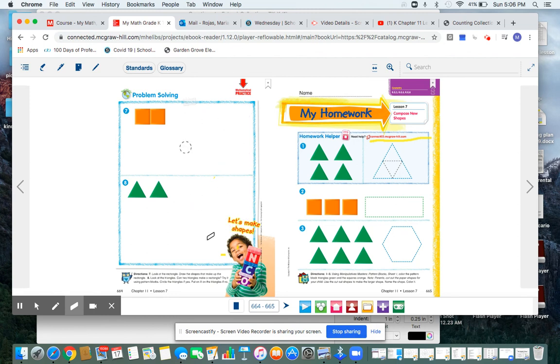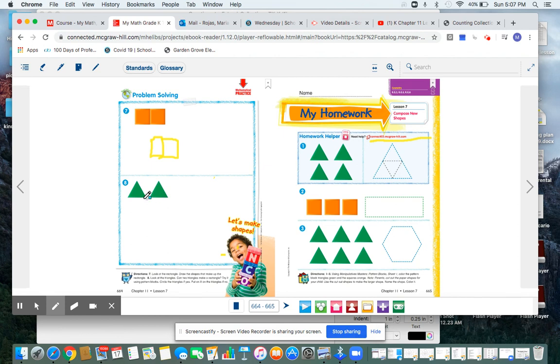So, for example, here you're going to look at the rectangle and draw the shapes that make up the rectangle. So 1, 2. I'm going to draw 1 square and then 2 squares. So 2 squares make up a rectangle.